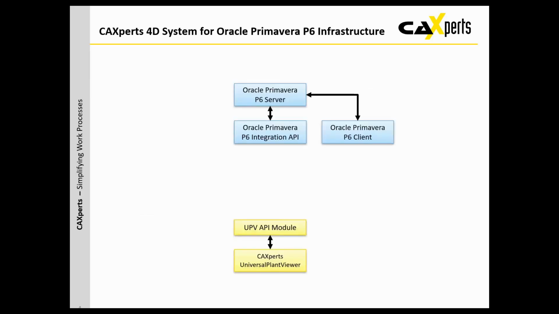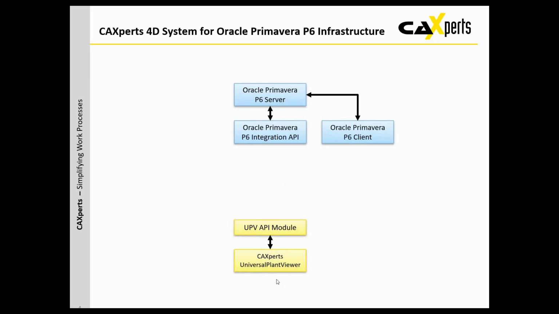So how does it fit into your infrastructure? Let's just assume you have a Primavera P6 server up and running. You would need to have the P6 integration API and usually, of course, a P6 client to have a Gantt chart and have a look at the things going on in the P6 server.